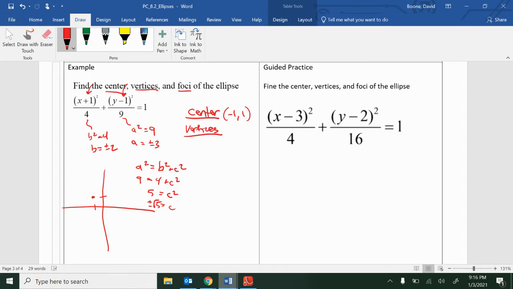Those vertices, we've got to look at how we're going in this case in the y direction, because that's underneath the y. So I've got to go from this point right here, from that negative 1, 1, up 3. 1, 2, 3. So that point there would be negative 1, 4.